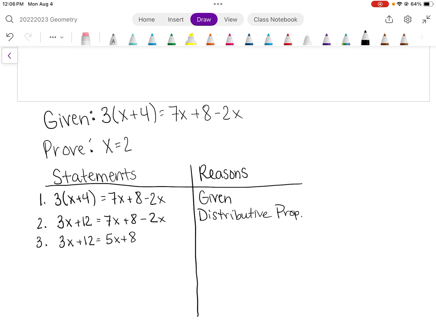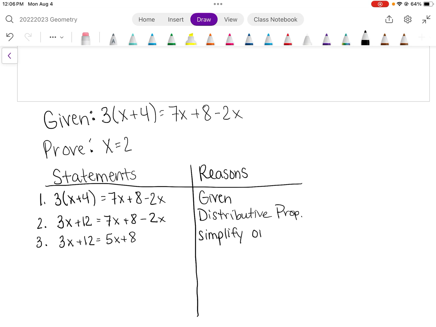And please listen to this. Technically, we did subtract the 2x. However, this is not, and I repeat, not subtraction property of equality, because we didn't subtract anything from both sides of the equation. We kind of just simplified it. So this is where you could put 2 different things, and I see it both ways.